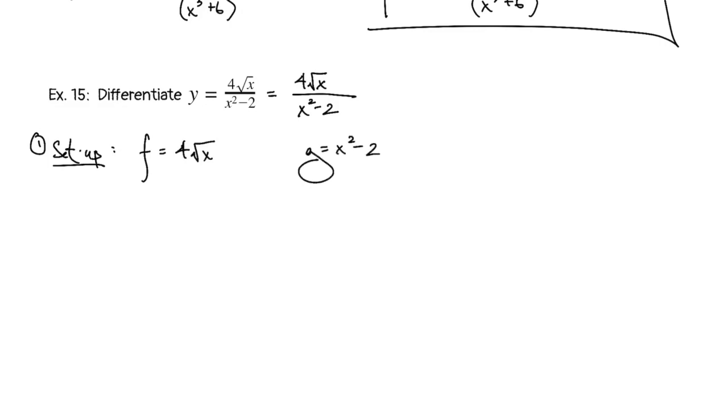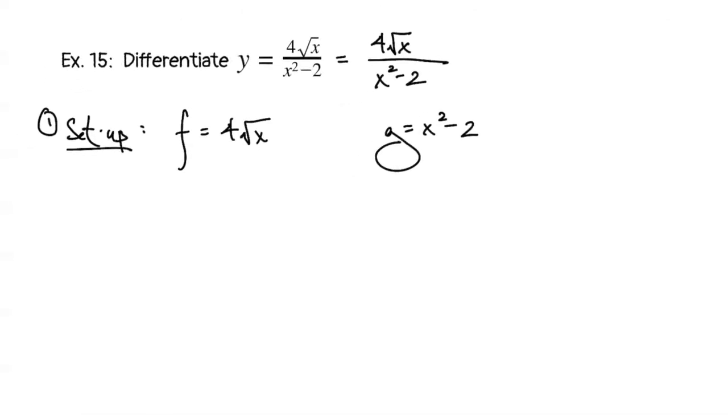And so if we establish these functions here, in order to find our derivatives, it might be really beneficial for us to rewrite F. And how would I rewrite F so that it would be easier for me to take a derivative? Yeah, 4x to the 1/2.